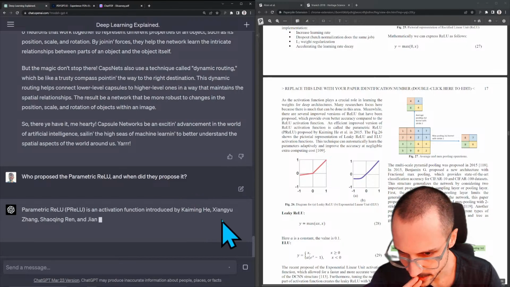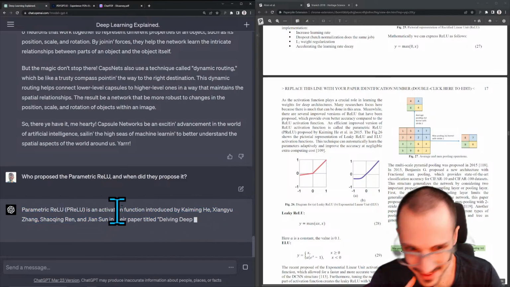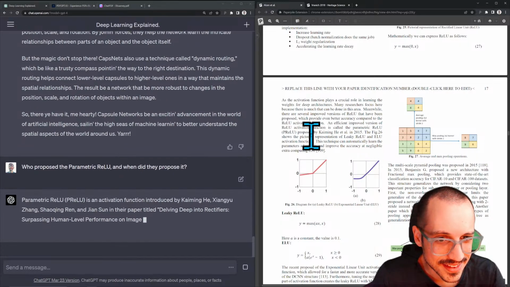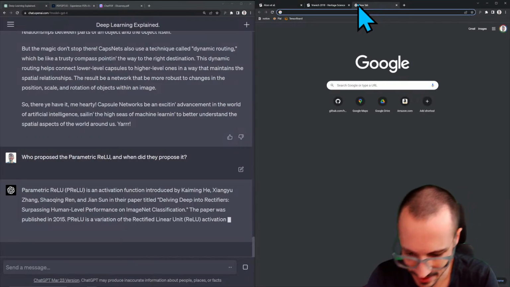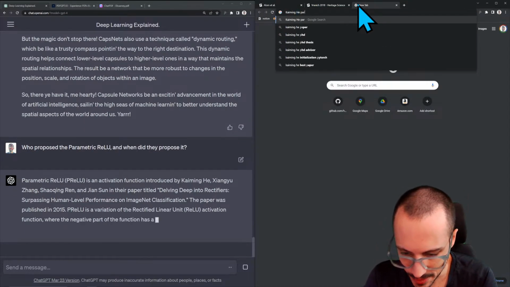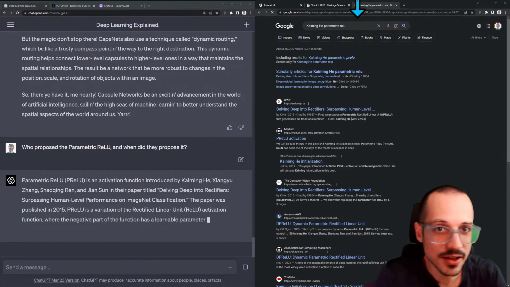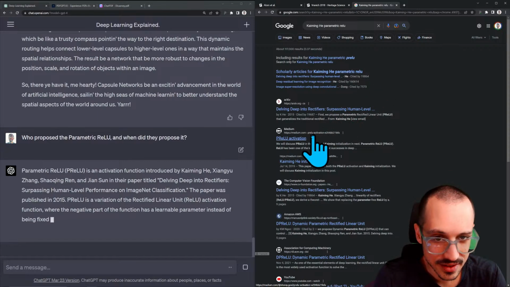Oh shit. Did it get all these names right? Let's do Kaiming parametric ReLU. If it got all these names right, that's insane.